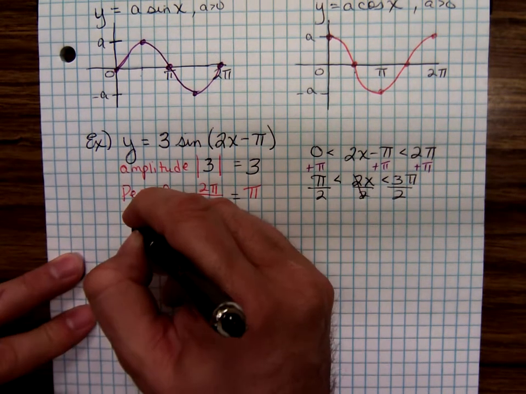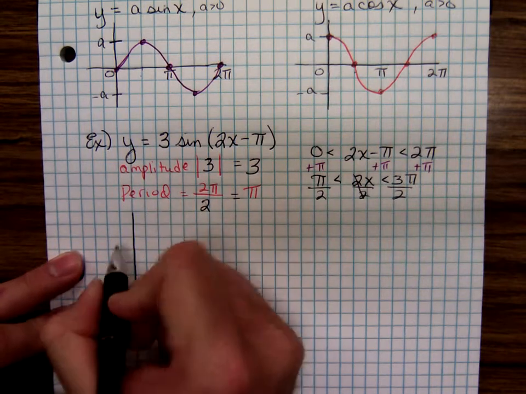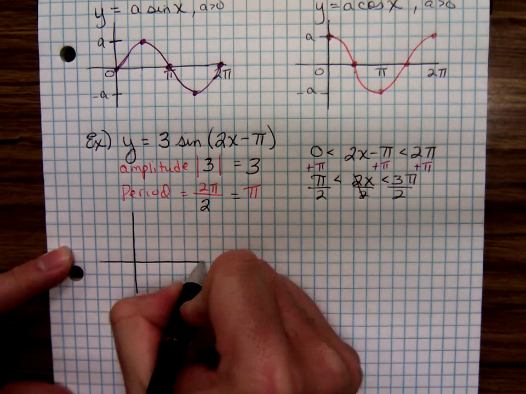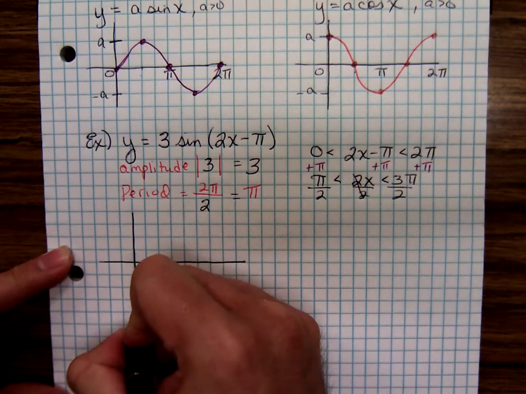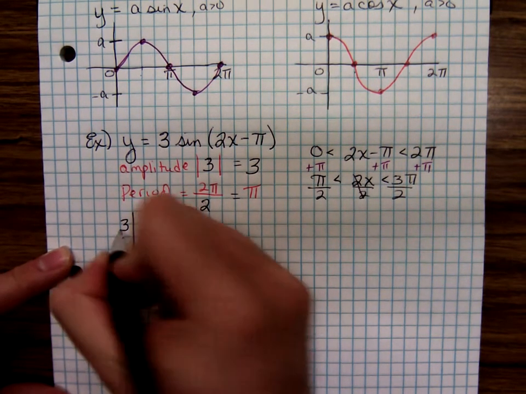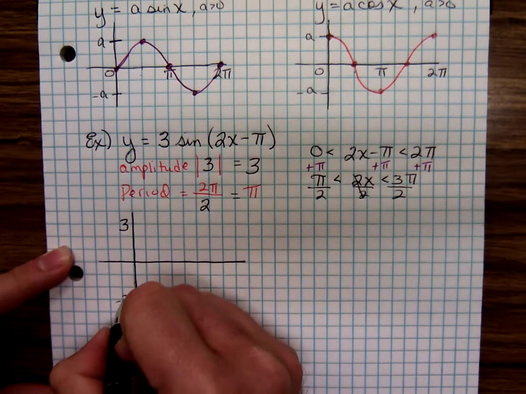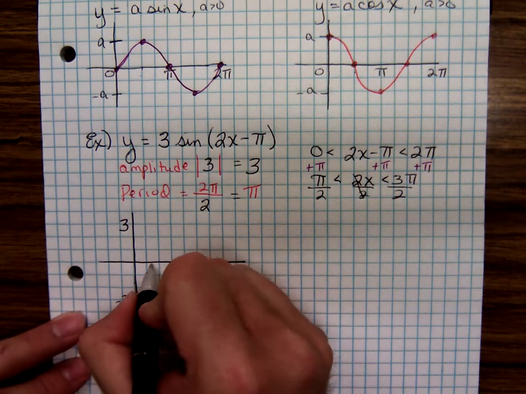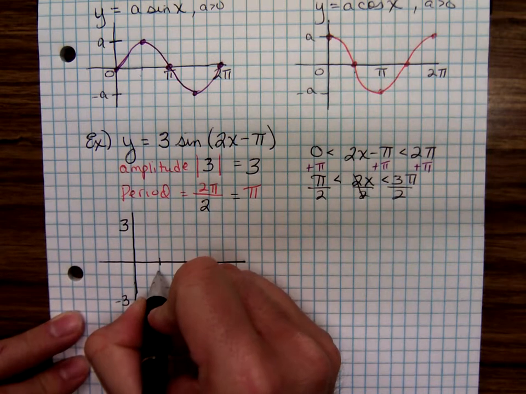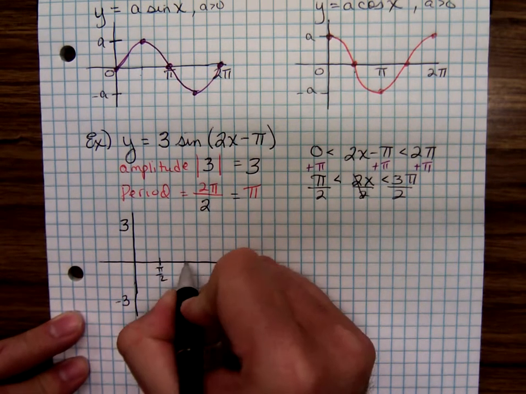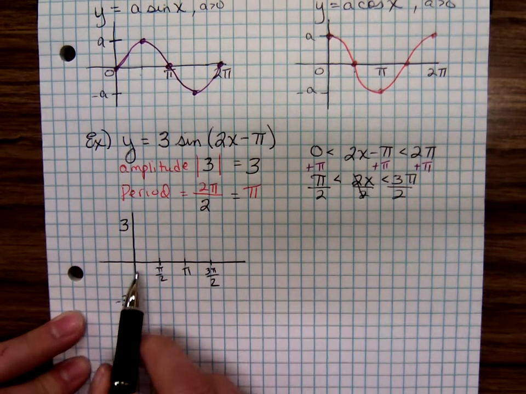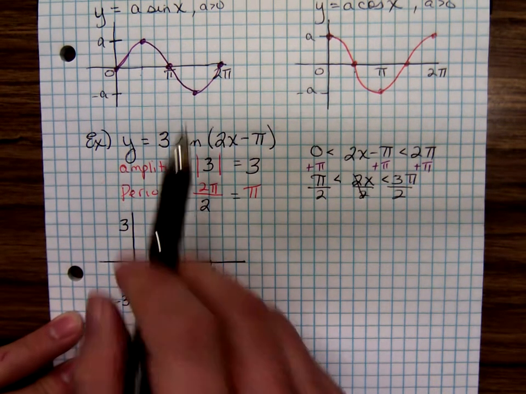So the graph would look something like 1, 2, 3. It's going to be bouncing between 3 and negative 3, and I'm using 2 blocks for pi over 2, just like I did up here.